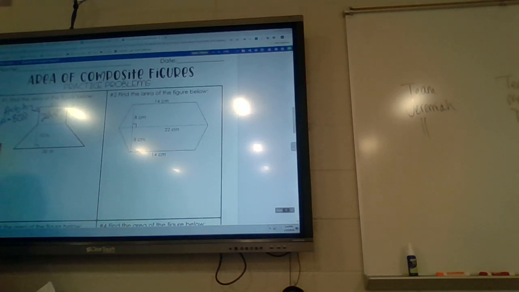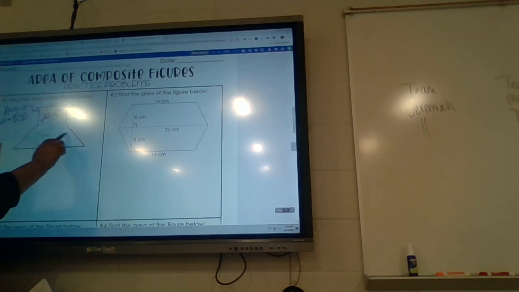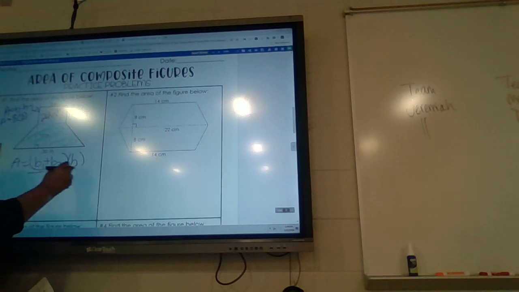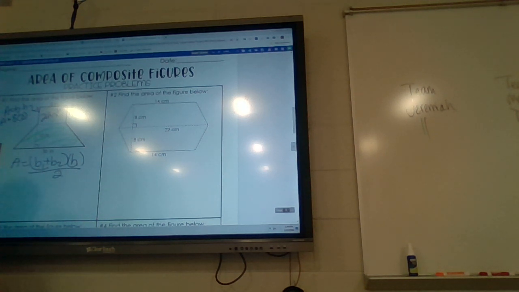Okay, what is the formula for this part? The area of a trapezoid. This area right here. The formula. Base 1 plus base 2 times height divided by 2. Thank you. So what is base 1? Right here. 8.